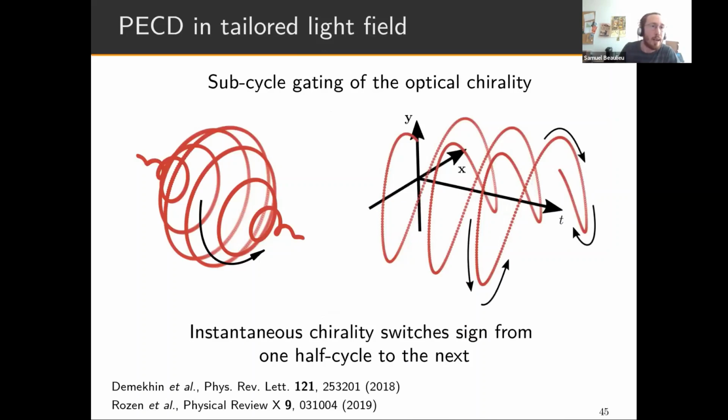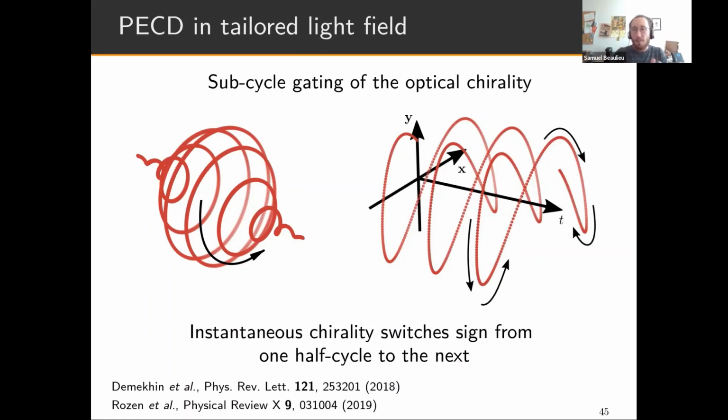And here I'm coming close to the end, so I want to show you another very important aspect in strong field physics, which is basically our ability to tailor the light field by using a combination of multiple color fields with tunable polarization states.